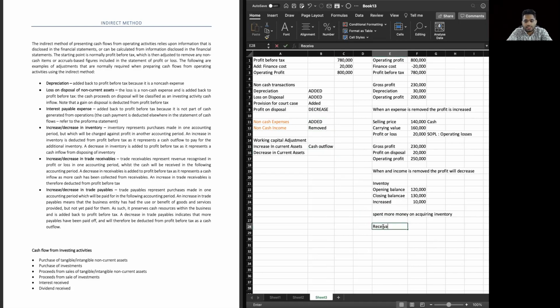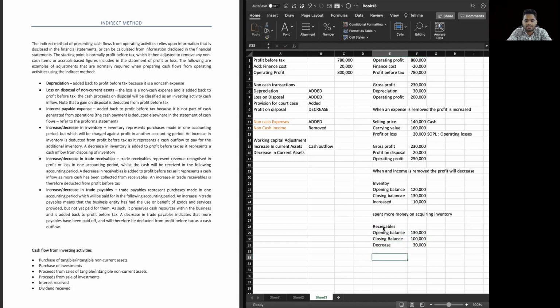Then if you look at your receivables, if you have an opening balance of receivables of 130,000 and a closing balance of receivables of 100,000, that means your receivables have decreased. So you will have a decrease in receivables of around 30,000.